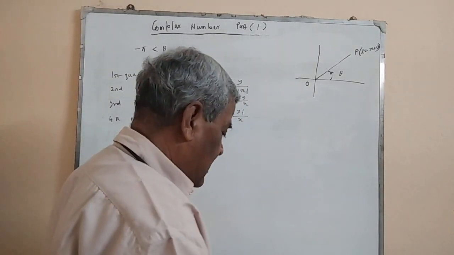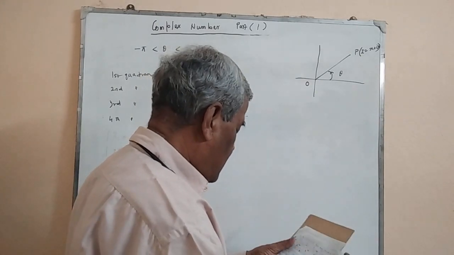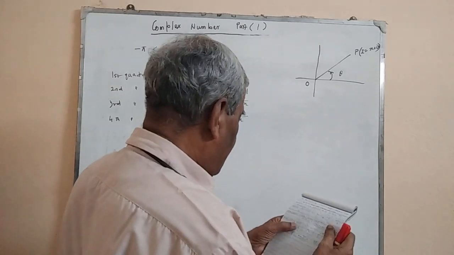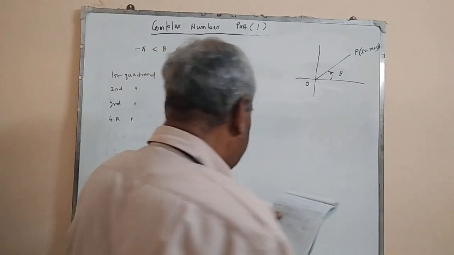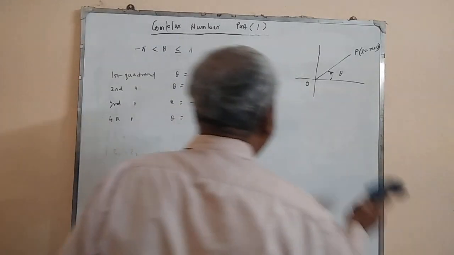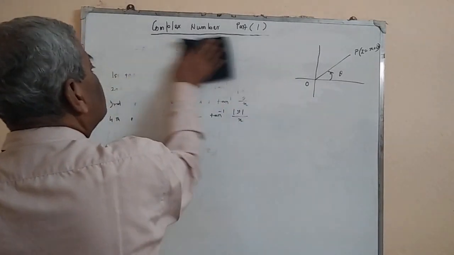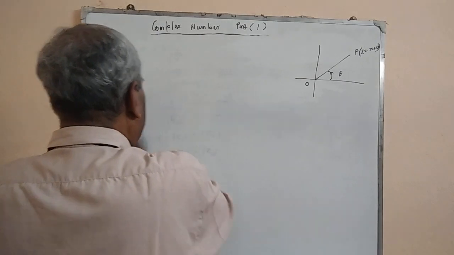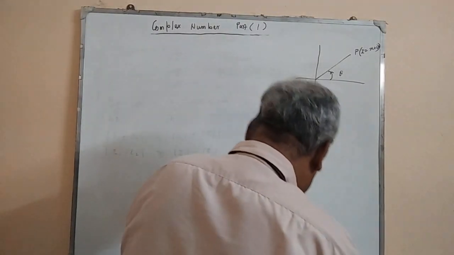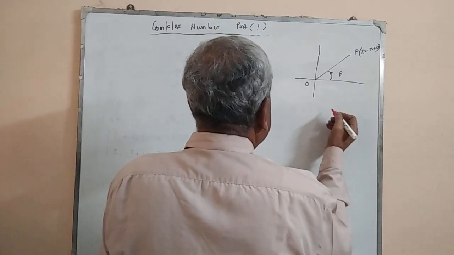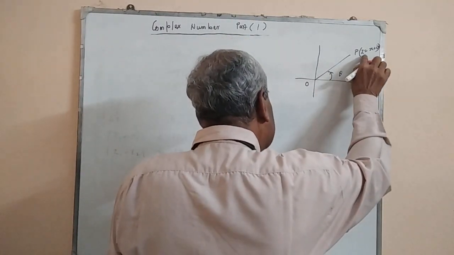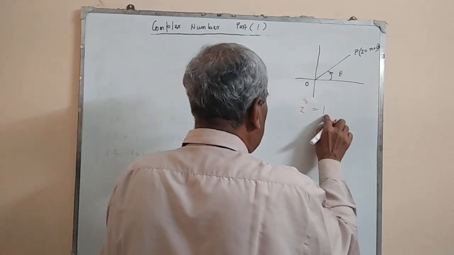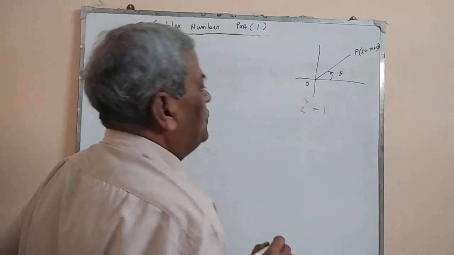Then, the cube root of unity. Cube root of unity means suppose z is a variable, if z cube is equal to 1, z is equal to cube root of 1, it is called the cube root of unity.